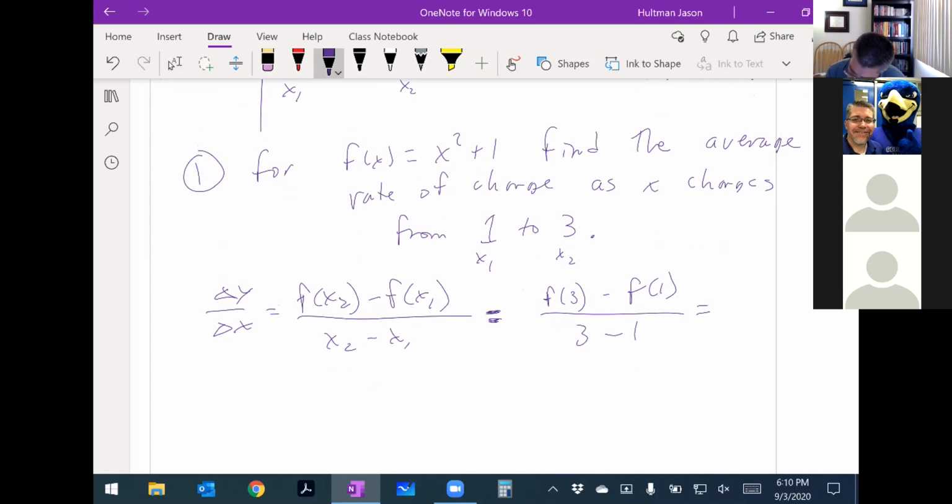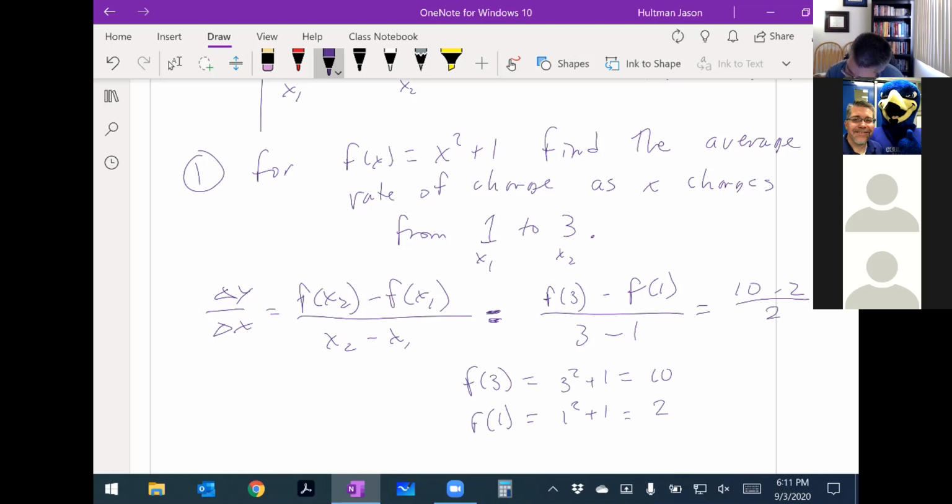Which is equal to, we'll plug in 3. F of 3 is the function evaluated at 3, so this is 3 squared plus 1, which is 10. What's f of 1? It's 2, right? All over 3 minus 1. Well, what's 3 minus 1?